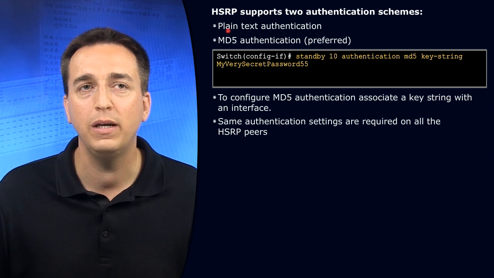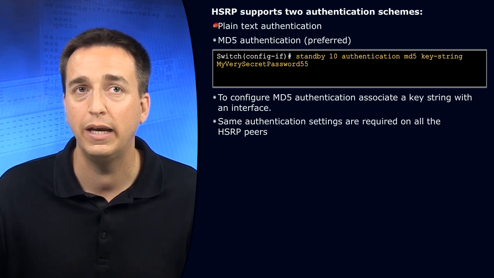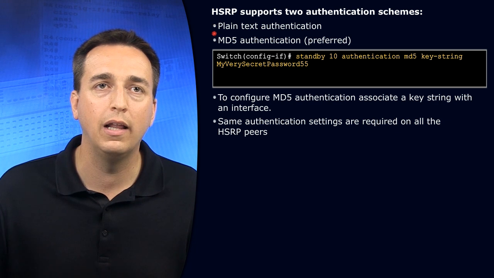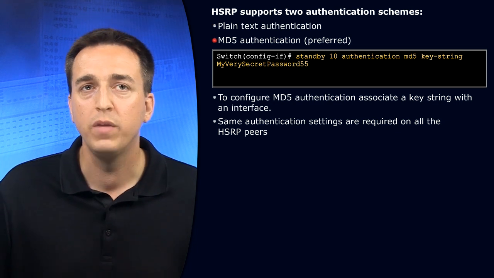So with HSRP, we have two types of authentication. We have plain text authentication as well as MD5 authentication.